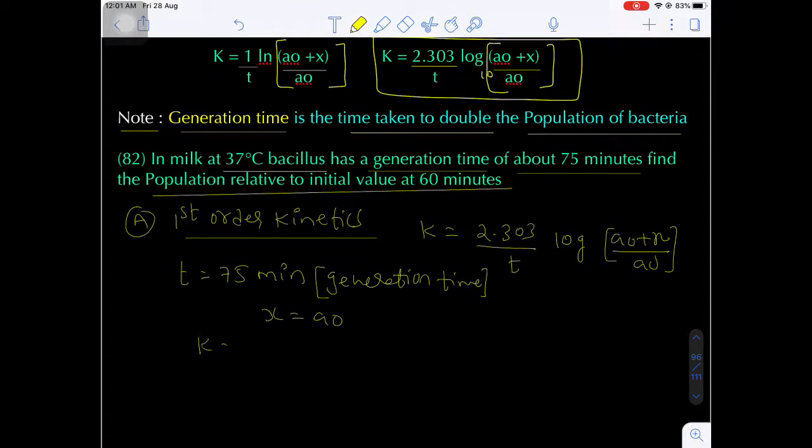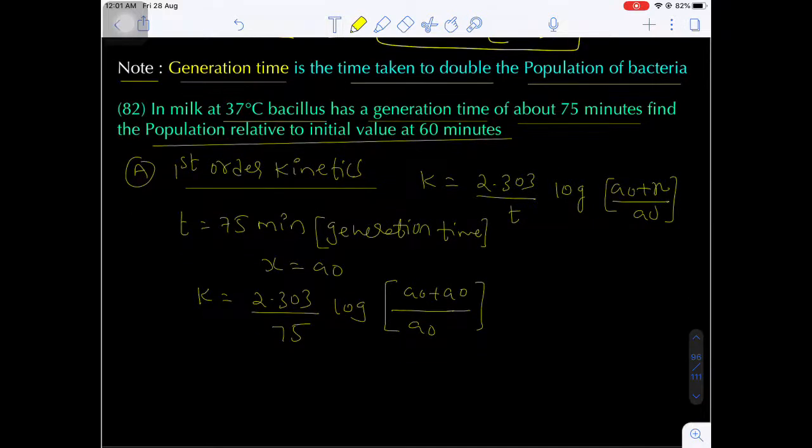So k value equals 2.303 divided by time interval 75 minutes, log of initial concentration A0 plus again A0, because the population of bacteria becomes double.